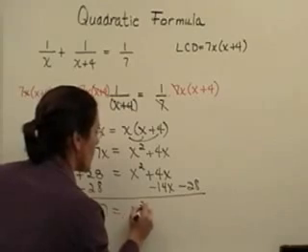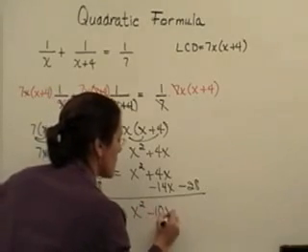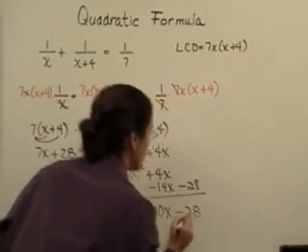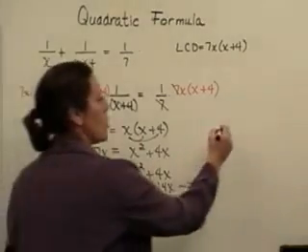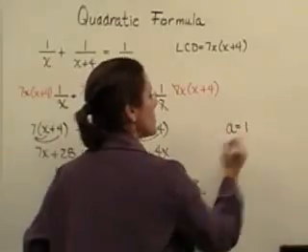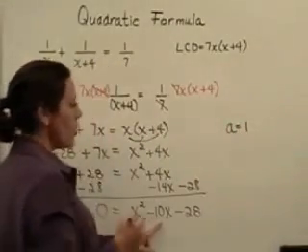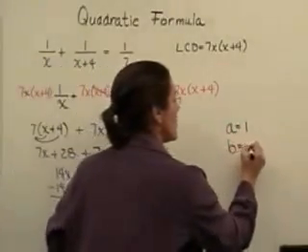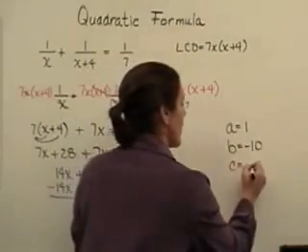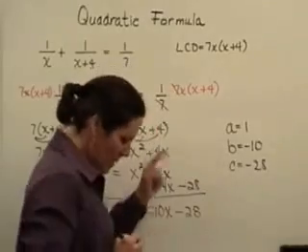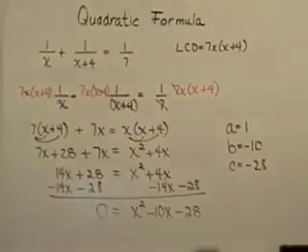I have x squared minus 10x minus 28 on the right, and I'm using the quadratic formula to solve this. So my coefficient in front of my x squared term is a 1. My coefficient in front of my x term is a negative 10. My constant c is a negative 28. And I'm not going to go ahead and put that into the quadratic formula.